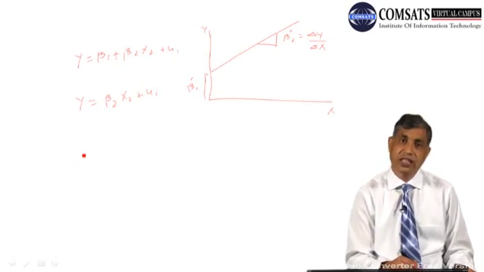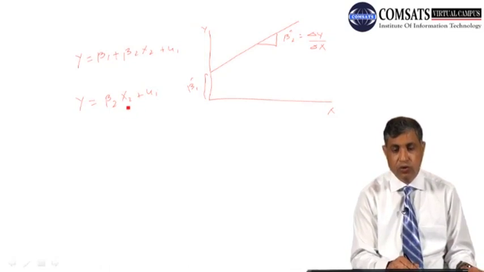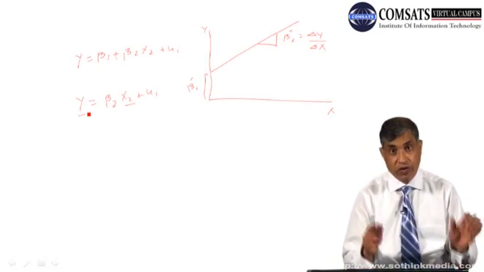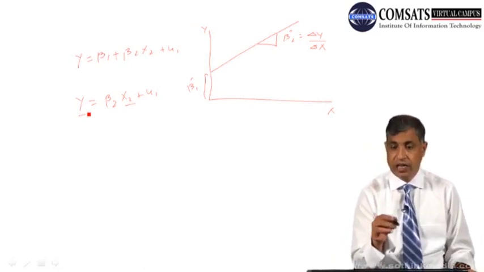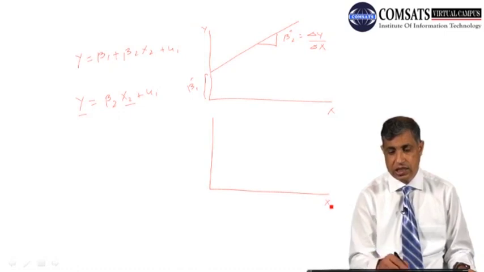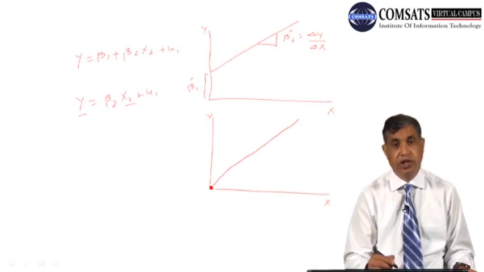So what does this say? It says that the relationship between your only independent variable and your dependent variable has become proportional, a one-to-one relationship. So what will happen on the right hand side? If this is x and this is y, your regression will now run through the origin.